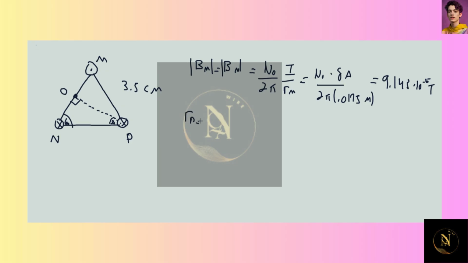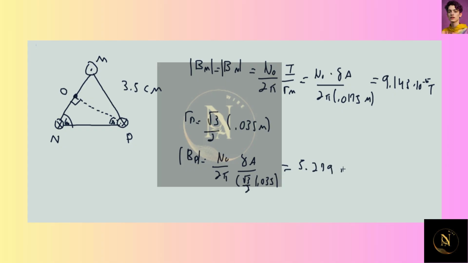So RP equals √3 over 2 times the length of a side, so times 0.035 meters. So the magnetic field from point P is mu naught over 2 pi times our current of 8 amps, over √3 over 2 times 0.035. This is still just the magnitude, and that should come to be 5.279 times 10 to the minus 5 Teslas.